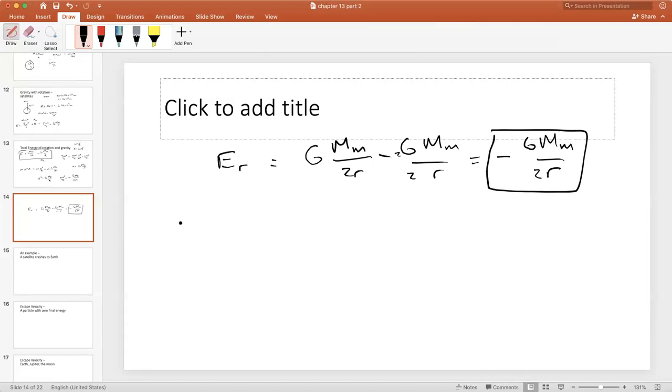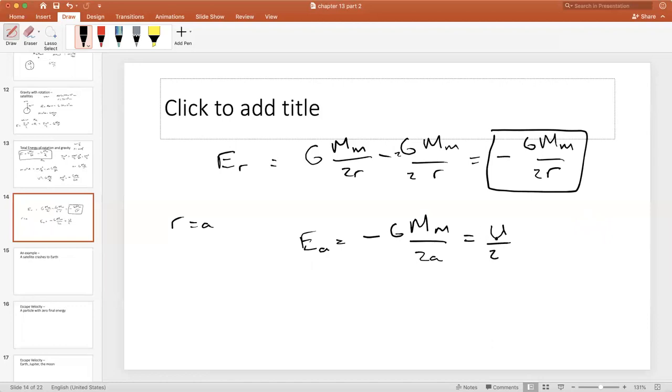I can equate sometimes r to a, some semi-major axis. We usually do that. So E at any a would be minus G M of whatever you're rotating around, times m, over 2a. Another way of saying that is, notice this is U over 2.